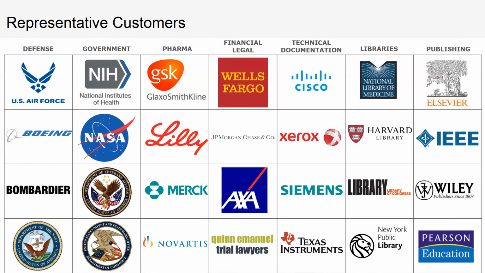The work we've done with defense information has been used for all kinds of technical information. The work we've done in the publishing area has been used in the library world, also in the financial and legal world, and in pharma. So everybody's using large amounts of content today, and having it structured is very important. It's mission critical in many of these operations.